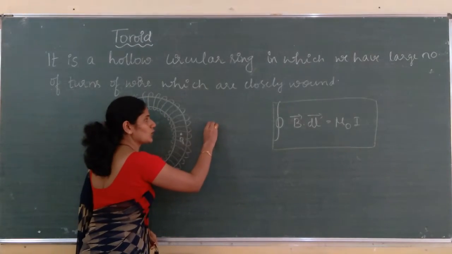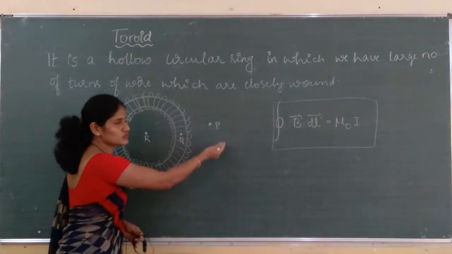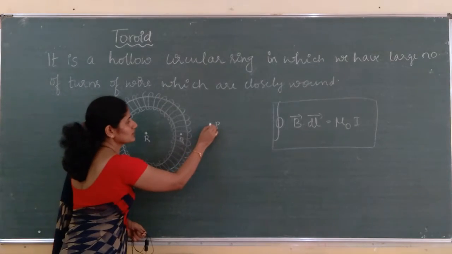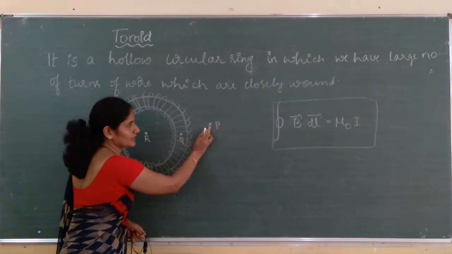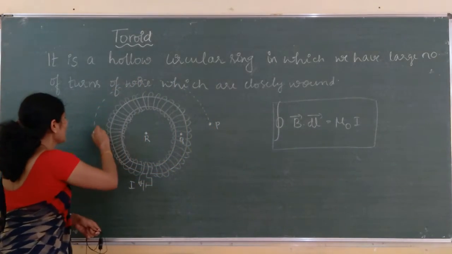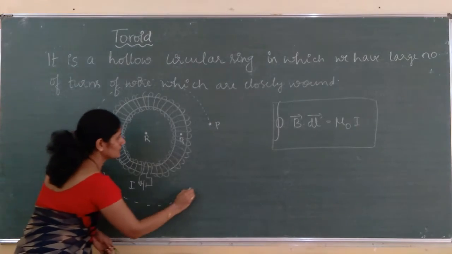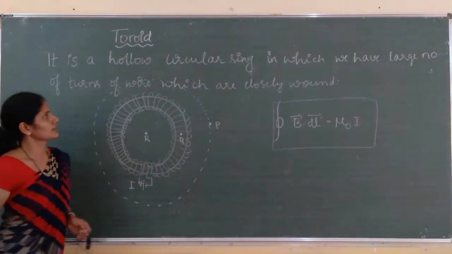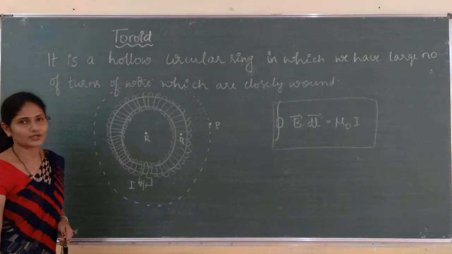Now let us consider the circular Amperian loop. I want to find out the expression for magnetic field outside the toroid. So here at the point where you have to find out the expression for magnetic field, you have to consider one Amperian loop. So this is the loop. Okay.